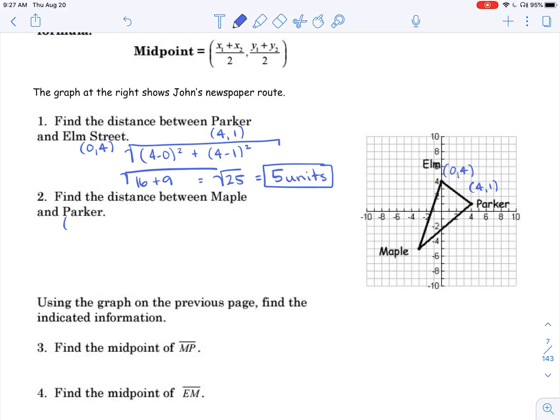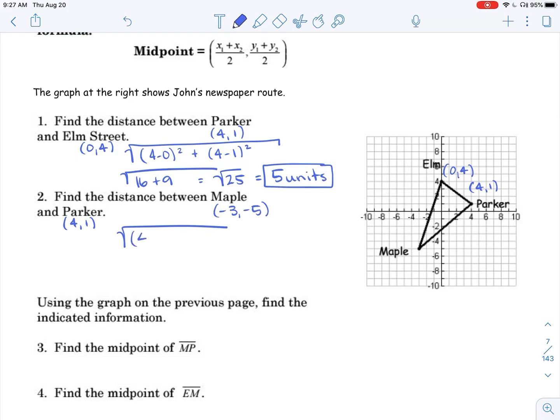So I've got Parker again at 4, 1, and Maple is back here at -3, -5. So since we're subtracting these, I'm going to do the addition instead. And instead of doing -3 minus 4, I'm going to do 4 minus -3, which would give me a +7.